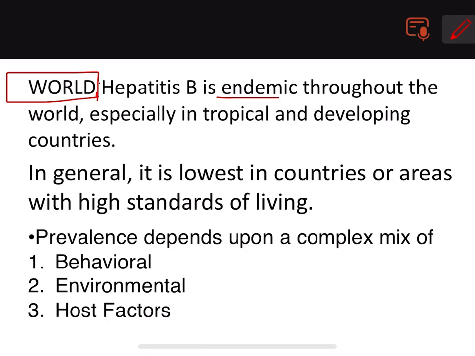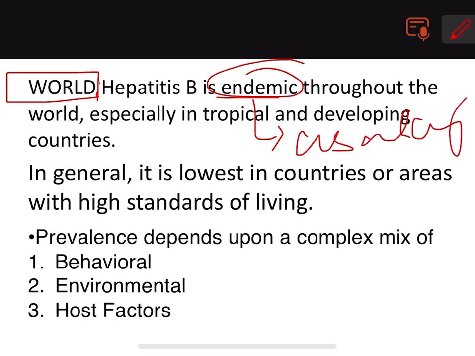So based upon the general population, the endemicity varies. Endemic means it occurs at a usual frequency, for example every year there are 100 cases of hepatitis B virus in that area.